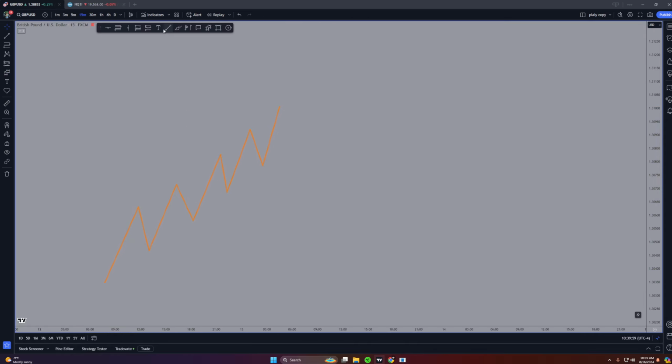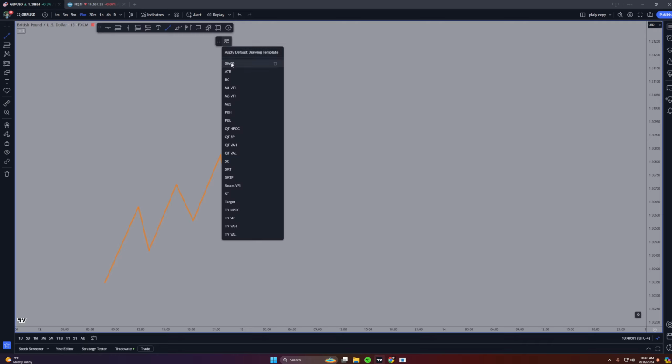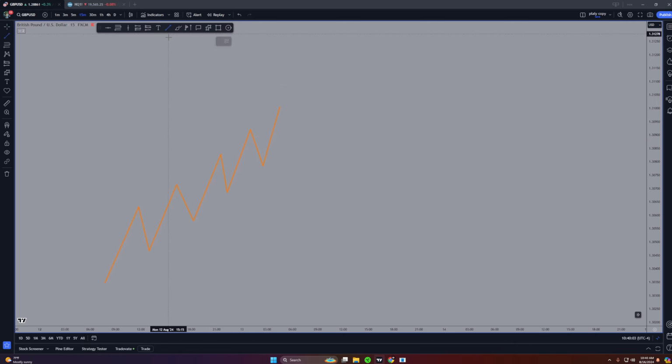Now I'm about to draw a trend line, but don't freak out, please. You're gonna see price moving in some form of pattern, whether you're drawing trend lines or drawing your fib out.